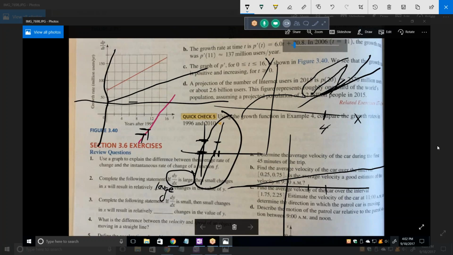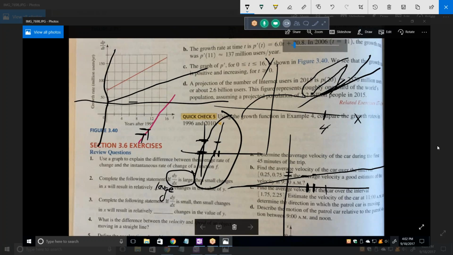Okay? So if I'm on a small slope, then small changes in x, let's say if I go from here to here, what kind of changes in y does that equal?